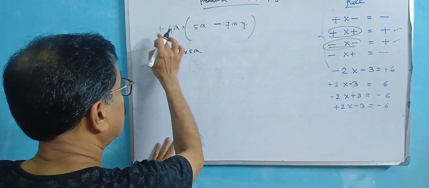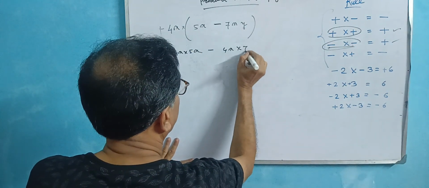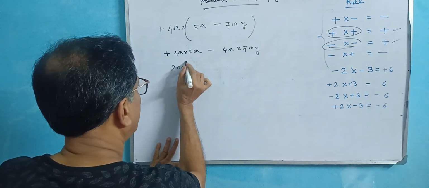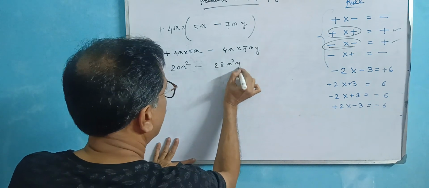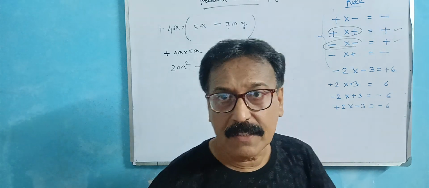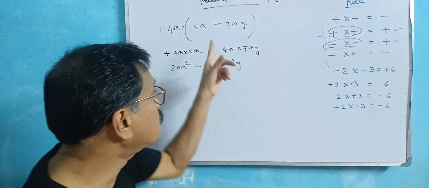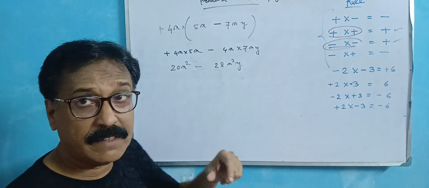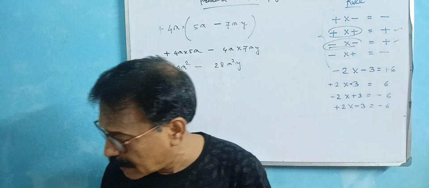But here, first you determine the sign: plus minus minus, 4x into 7xy. So this is the same, 20x square, but here is minus 28x square y. In general, in most students' cases, the mistake happens with the sign in these places. In case of hurry, you determine the sign wrongly, okay, so be careful when determining the sign.